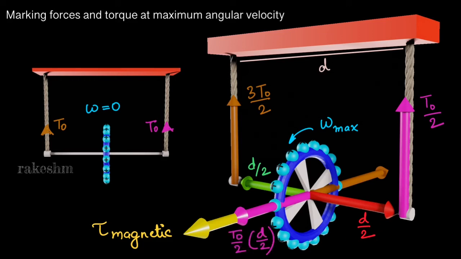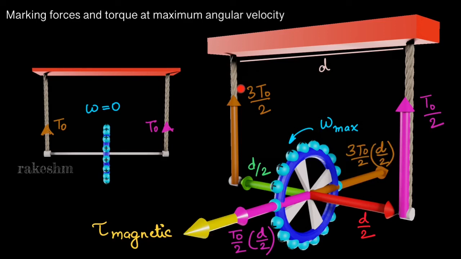Let us find the torque due to this tension. The torque due to this tension on this wheel is R bar cross F bar, and by the right hand thumb rule we can say that it will be in this direction. I have represented the torque by this pink color, which is due to this string, and the value will be T0 by 2 into d by 2.